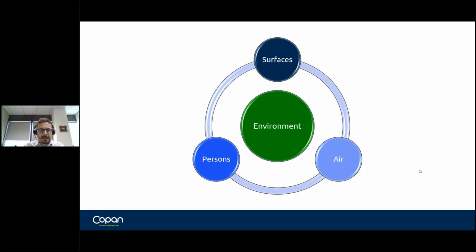Clearly, there is a continuous exchange of material between all these three main contributors in the environment.